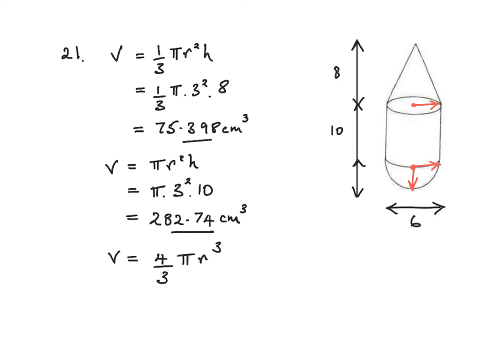So we've got 4 over 3 pi times 3 cubed. What we have to do with this last one is of course divide by 2 because it's a hemisphere. So we get 56.549.